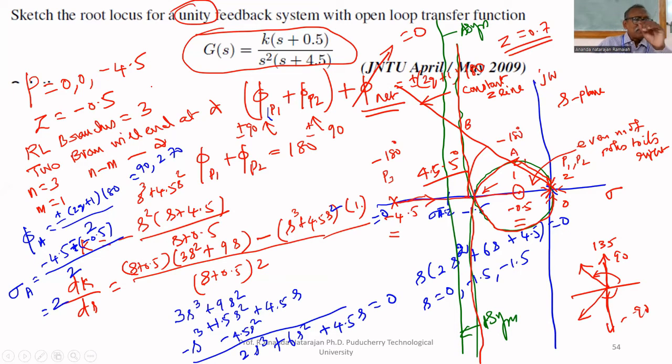How to find K? From A to all poles and zeros, we have to draw lines. If it is B, then from B to all points.